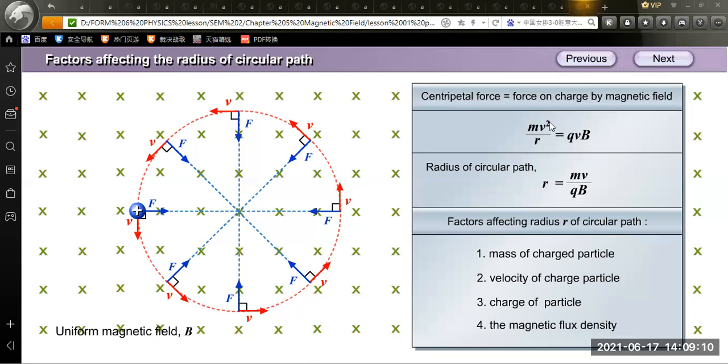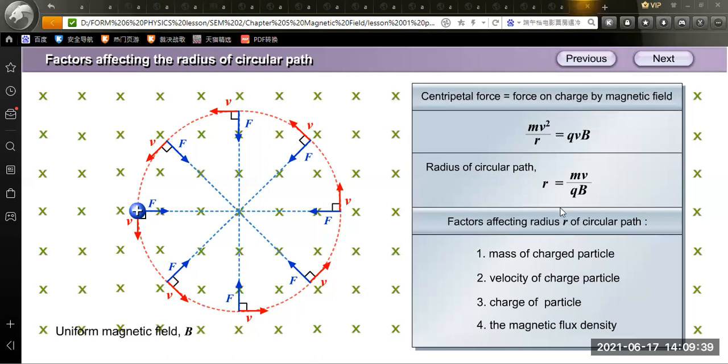So v can cancel. At the end, the radius is equal to the mass of the positive charge times the velocity over the charge, 1.6 times 10 to the power -19, times the magnetic flux density, the strength of the magnetic field.